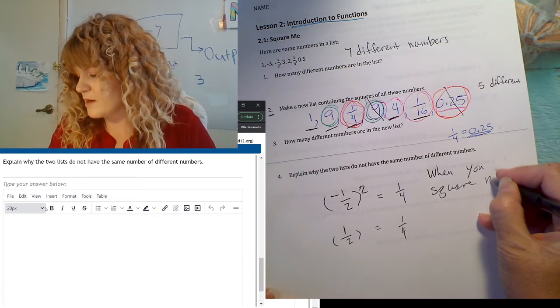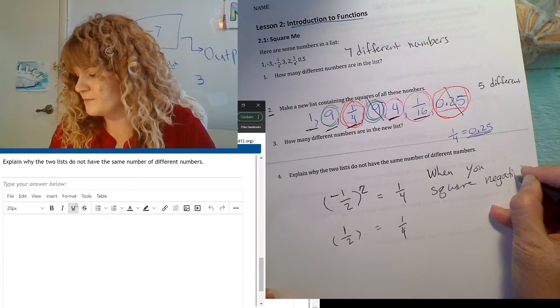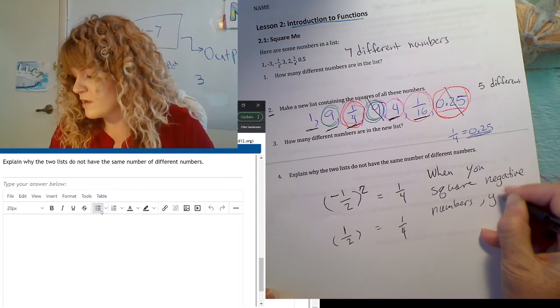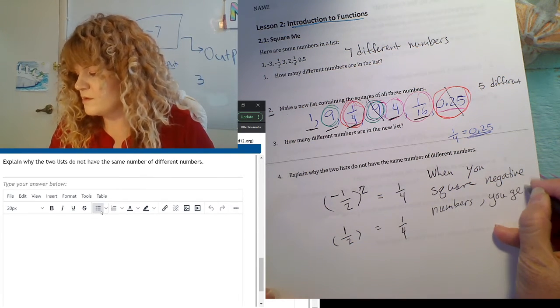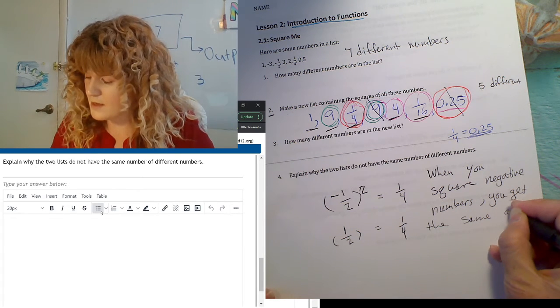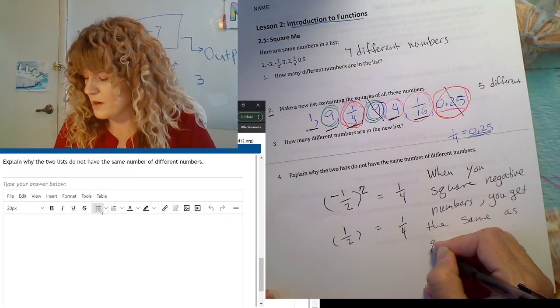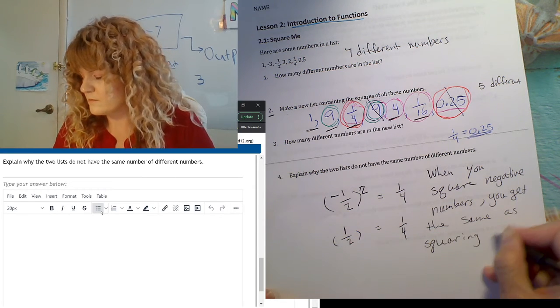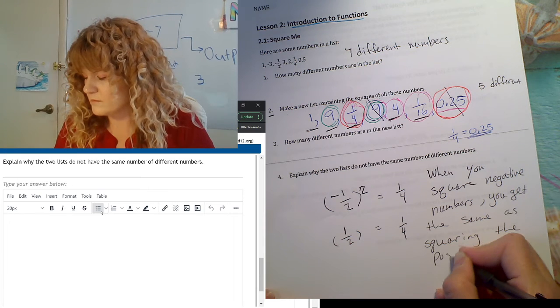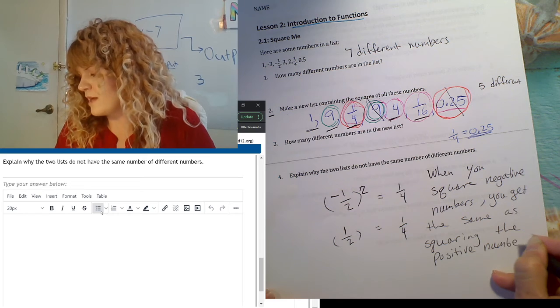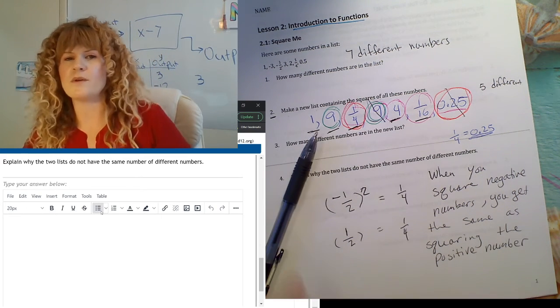When you square negative numbers, you get the same as squaring the positive number. Okay, you can type that in or write your own answer.